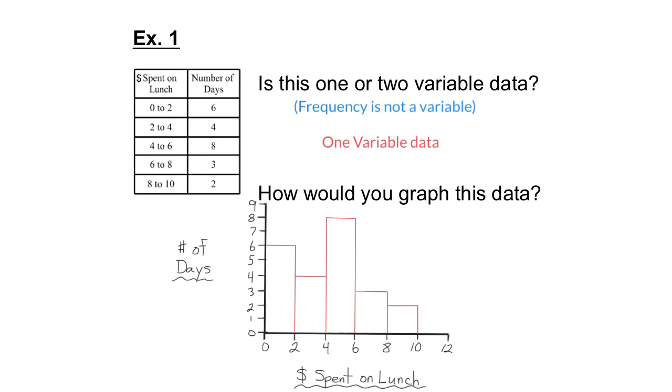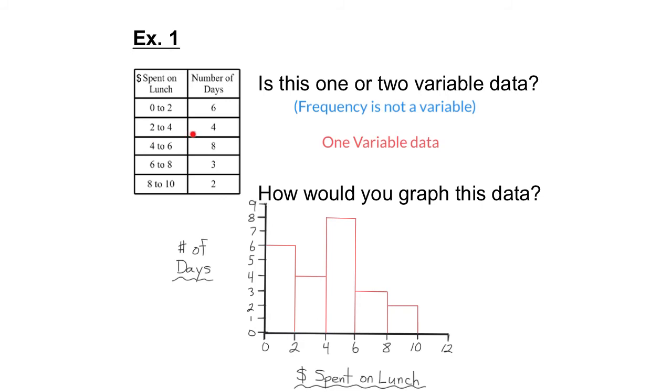The next thing is the number of days, or the frequency, is on my vertical axis, my y-axis. You want to make sure your scale is consistent, going up by the same amount, and they're evenly spaced along the axis. So for the interval between $0 to $2, there were 6 days where that amount of money was spent. So I draw my bar up to 6 days between $0 and $2.